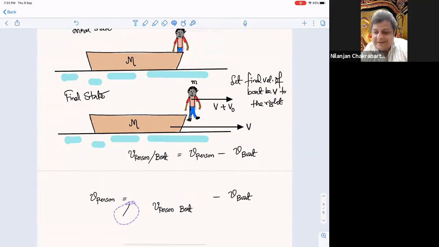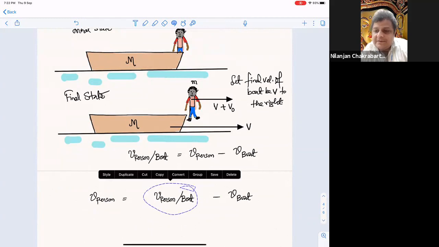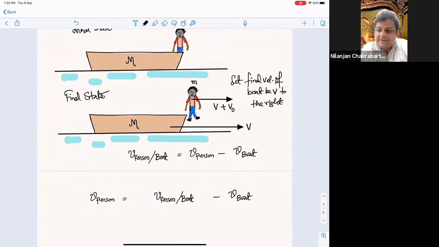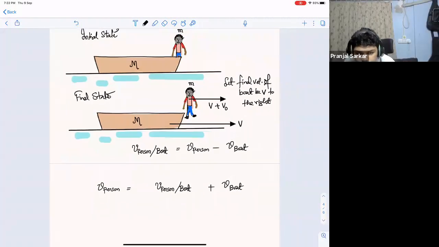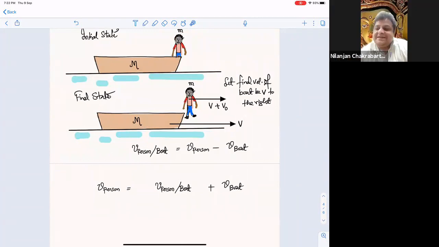Person relative to the boat is v naught and velocity of the boat is v.